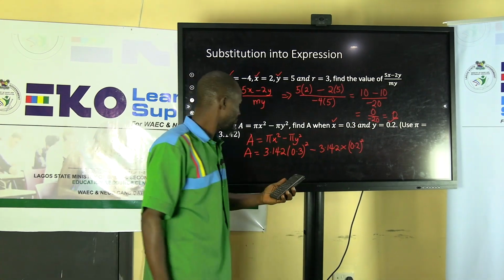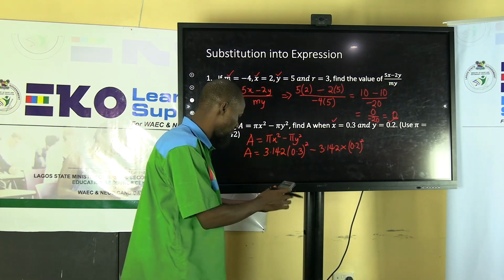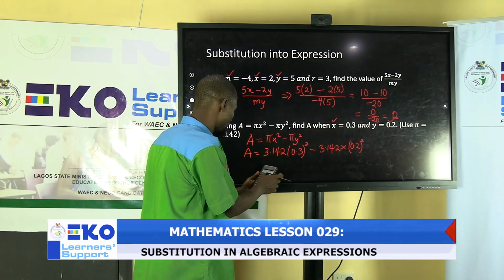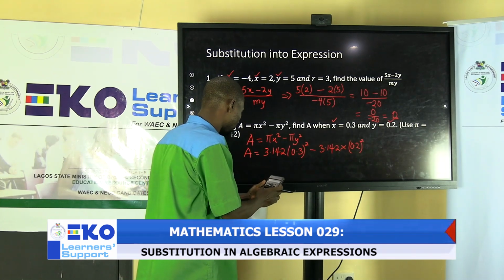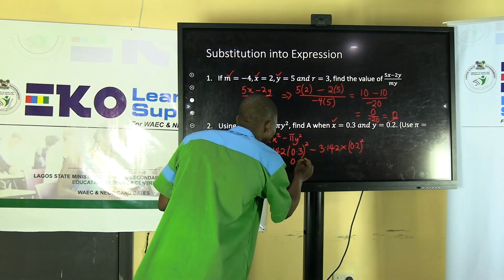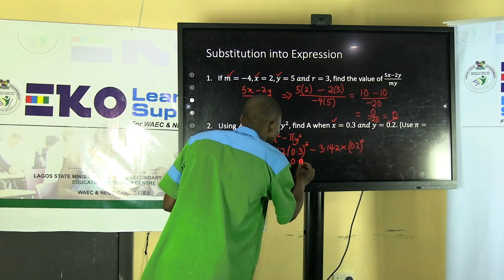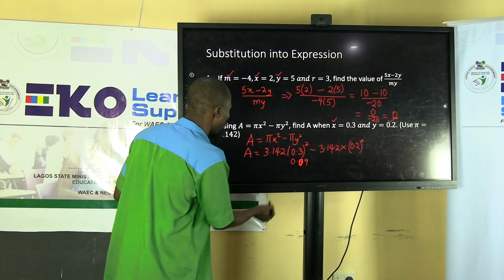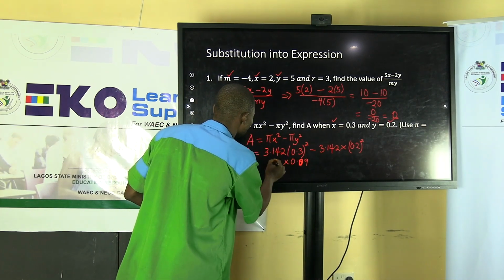Okay? So let's use our calculator to do this. 0.3 squared. And that will give us 0.09. Yes. Multiplied by 3.142.